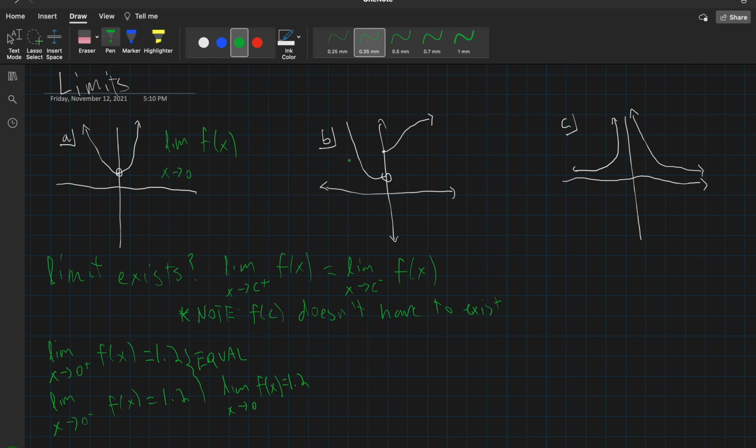So next we're going to move on to B, and similarly here we're trying to figure out if the limit as x approaches 0 of f of x exists and figure out its value. So in this case, let's use a different color. So the limit as x approaches 0 from the right hand side of f of x, let's call this maybe 2.1.